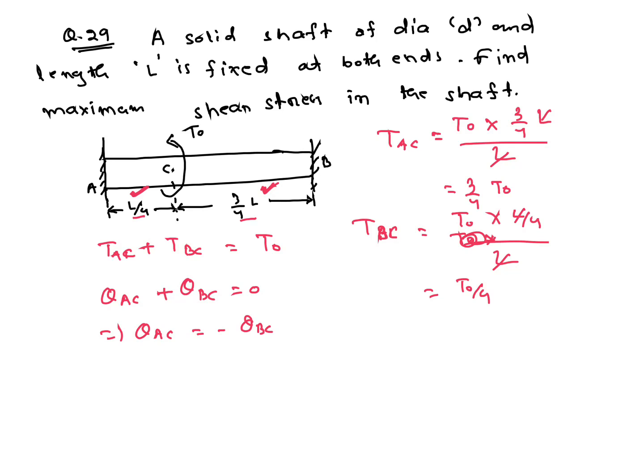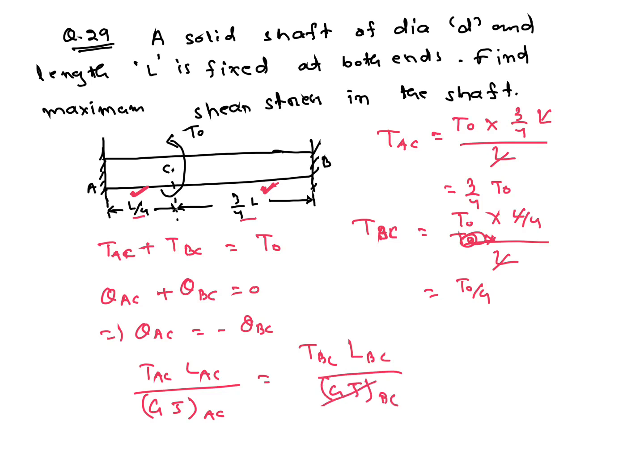So from here TAC LAC divided by GJ AC equal to TBC LBC divided by GJ BC. GJ is same, we can cancel. If we solve this one, we will get these two values the same as directly.